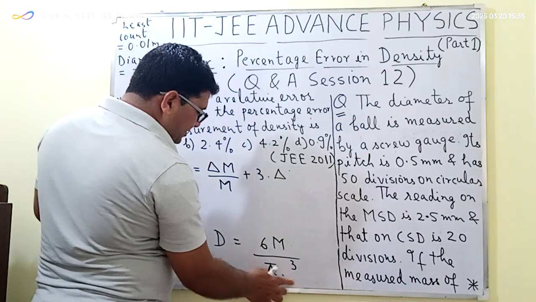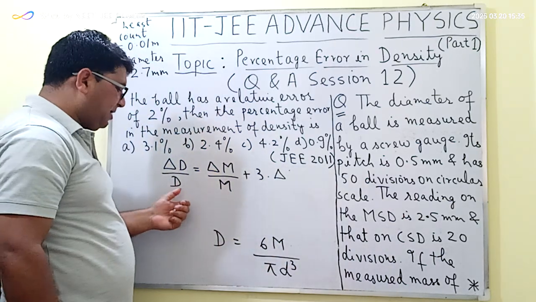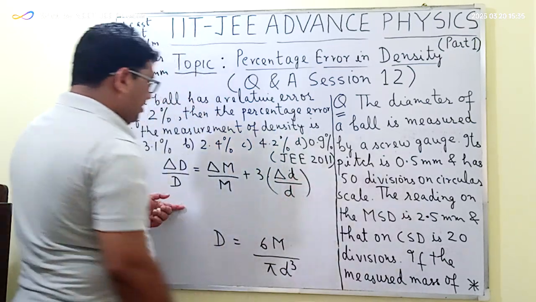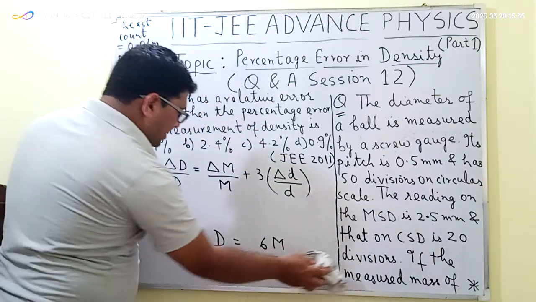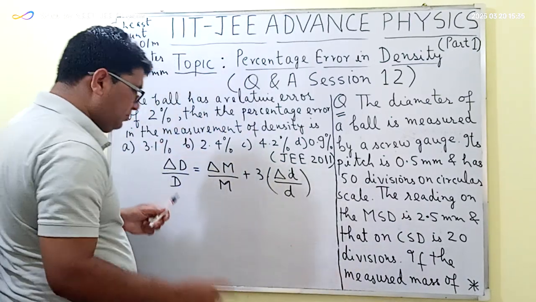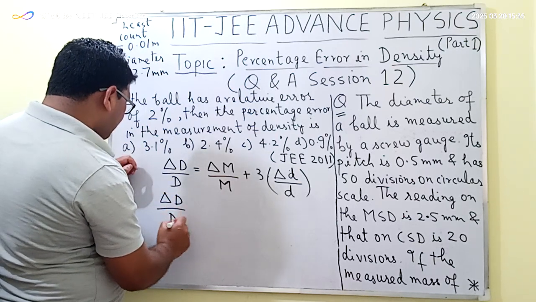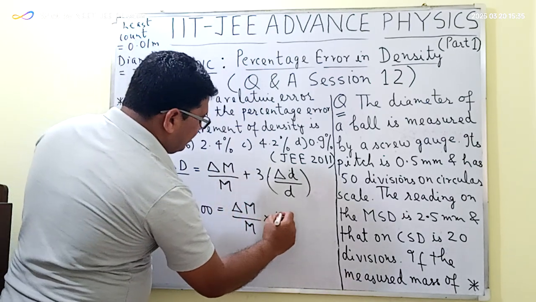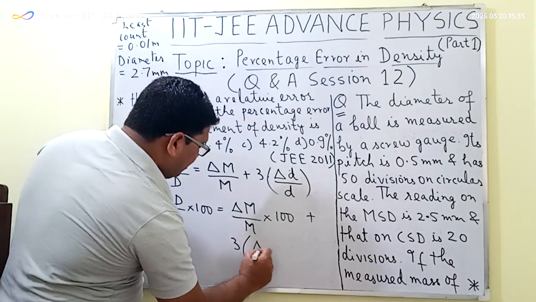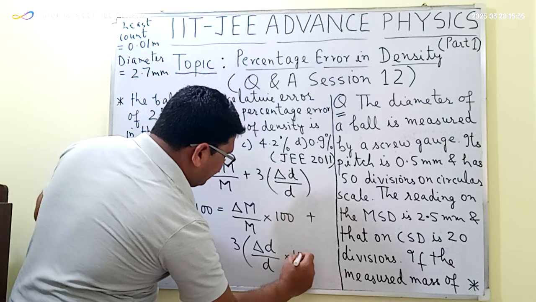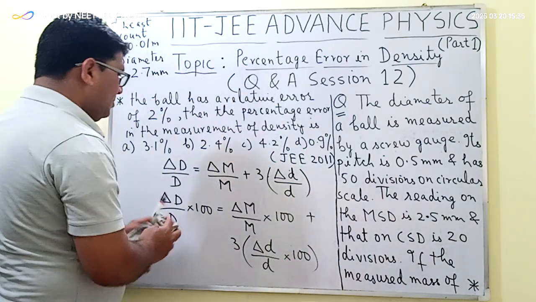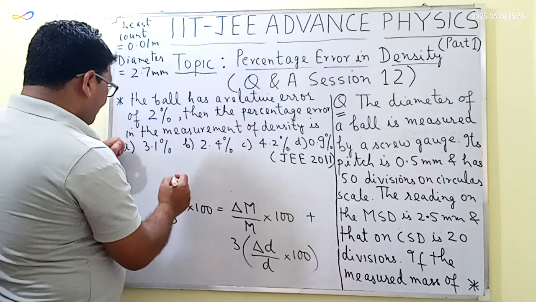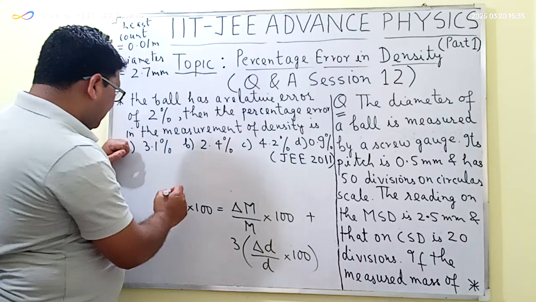I will be writing the diameter as small d because I have taken the density as capital D. If I multiply this equation on both sides by 100, then delta D by D into 100 will be equal to delta M by M into 100 plus 3 times delta d divided by small d into 100.